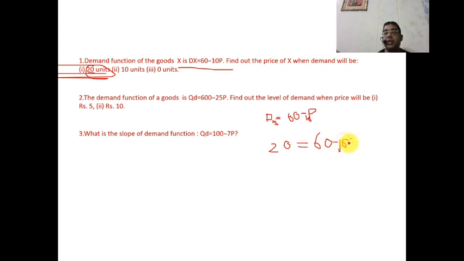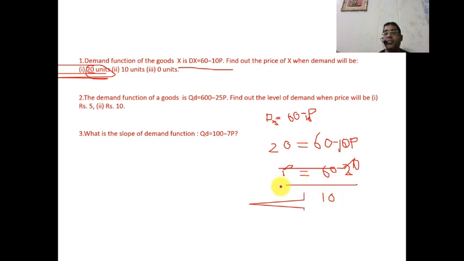Naturally p equals (60 minus 20) divided by 10.